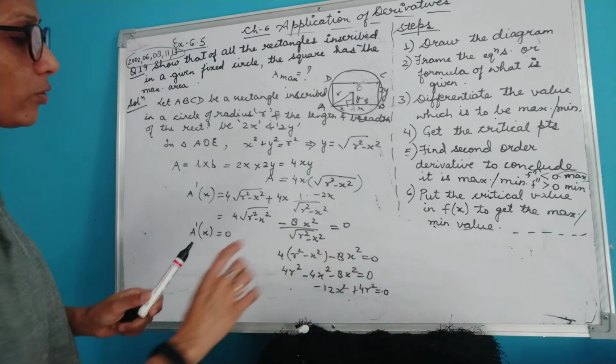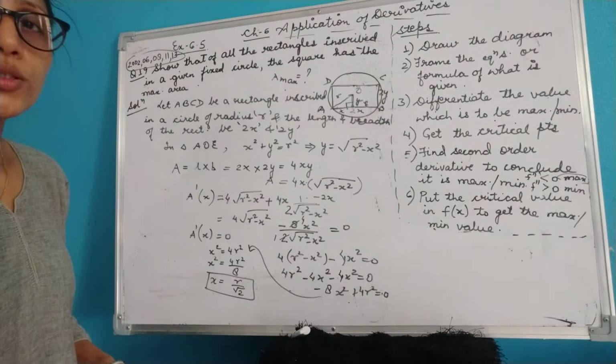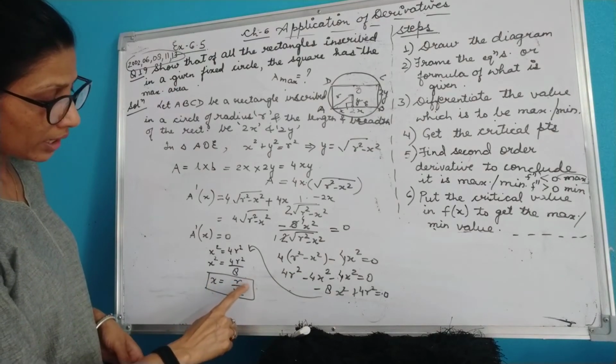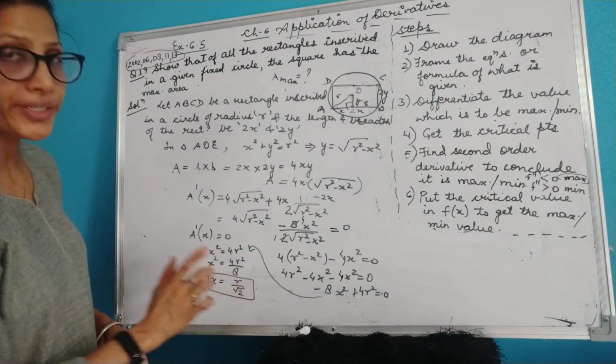So this is the value I am getting over here. After calculation I have got x equal to r by root 2. So this is your critical point.